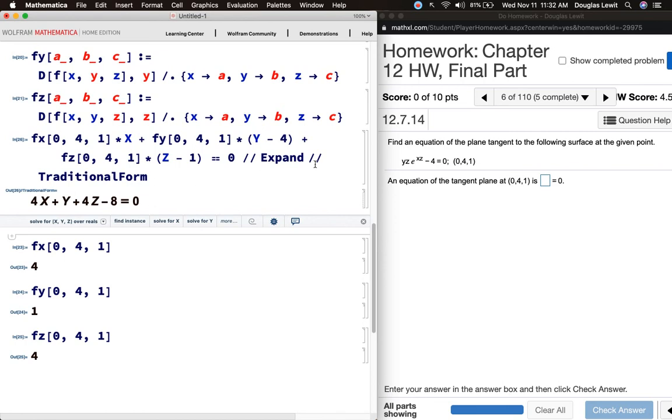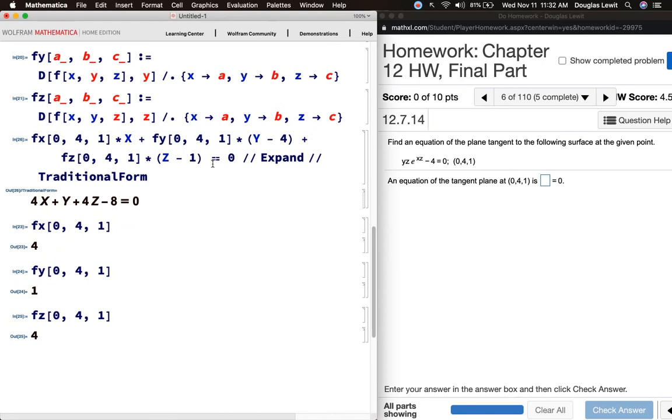And actually, I could probably do this. Replace x with little x. Replace y with little y. Replace z with little z. Whoop, with little z.